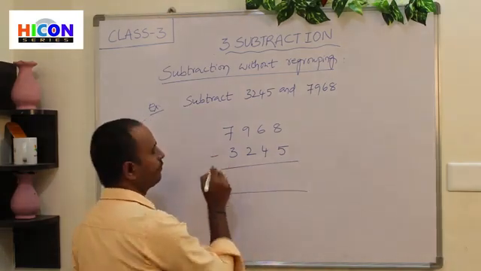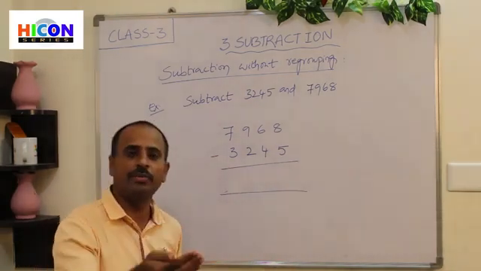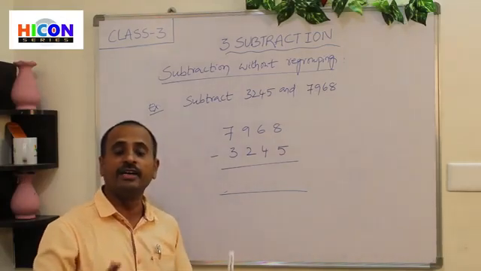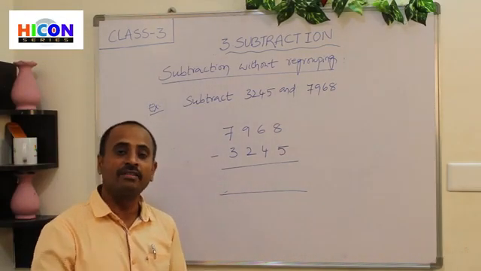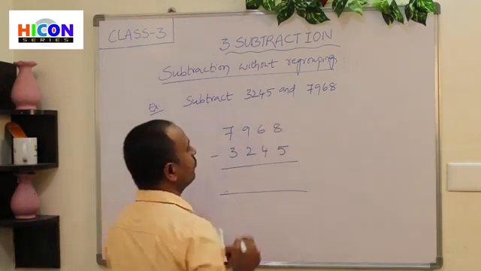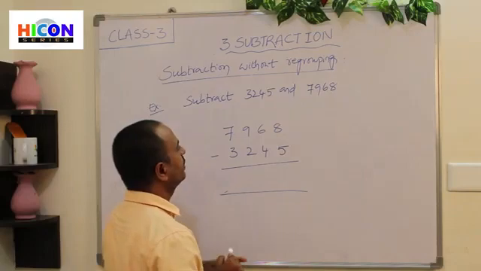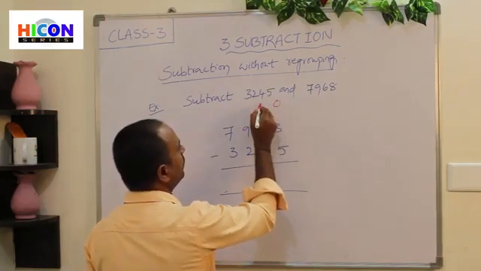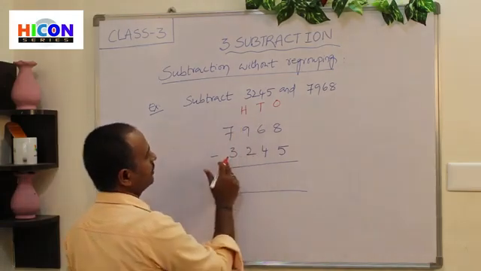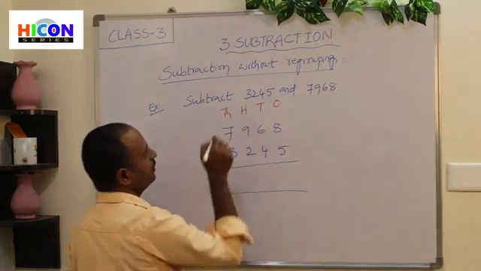So in this way, first we have to write one number below the other, and we have to arrange the digits of the numbers at their corresponding places. That means this is ones place, this is tens place, this is hundreds place and this is thousands place.